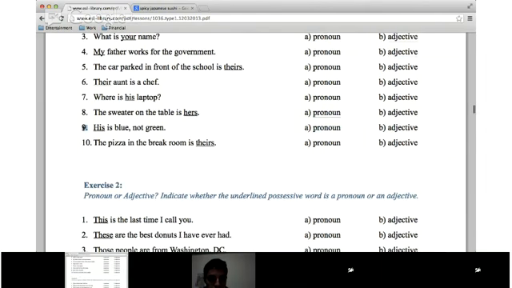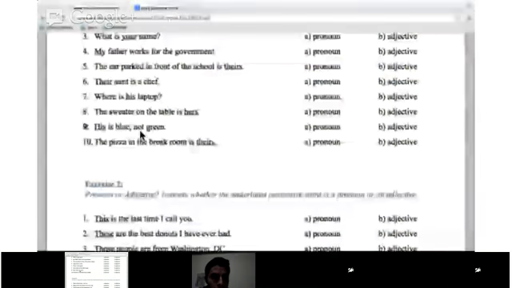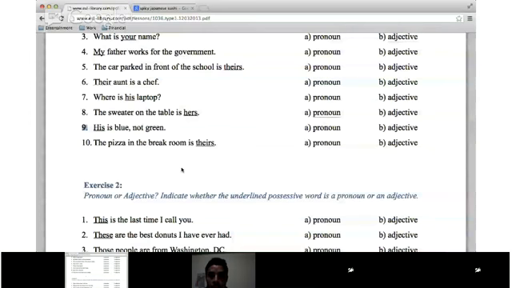How about number 9? Number 9 is for Juan. His is blue, not green. Well, this would actually be a pronoun, because we do not have a noun that follows his.